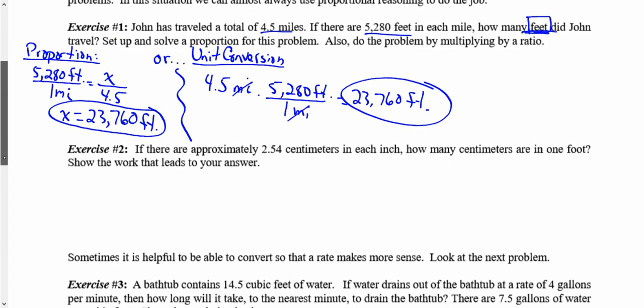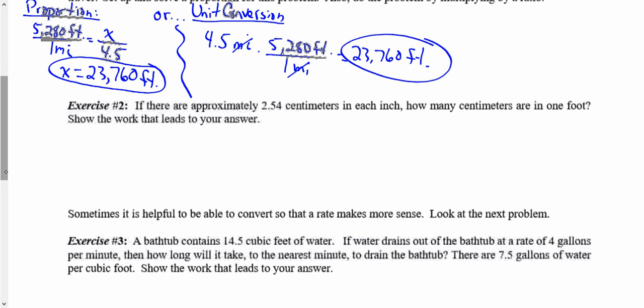Okay, let's look at exercise 2. Hey, by the way, look at the top of their conversion chart. Does it tell you how many centimeters are in an inch? Yeah, 2.5. That's not exact, there are more decimals, but that's close enough for government work, right? So roughly 2.54 centimeters in each inch.